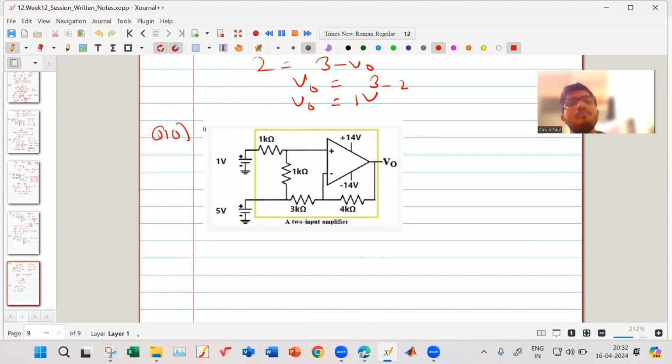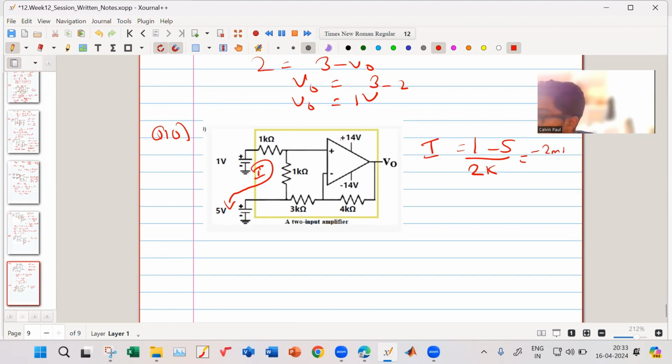In order to find that, we need to know the current flowing through that top 1 kilo ohm resistor. For that, maybe we can apply KVL in that loop. So 1 minus 5 by 2k will give us the current flowing through that. So you apply KVL here. This current I is equal to 1 minus 5 by 2k. How much is that? Minus 2 milliampere. So what is my voltage over here?